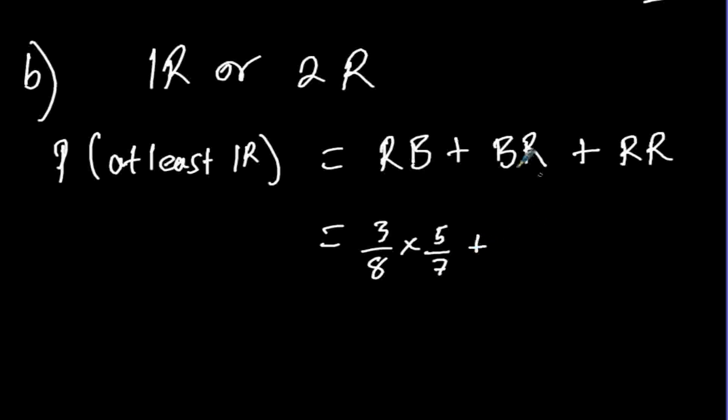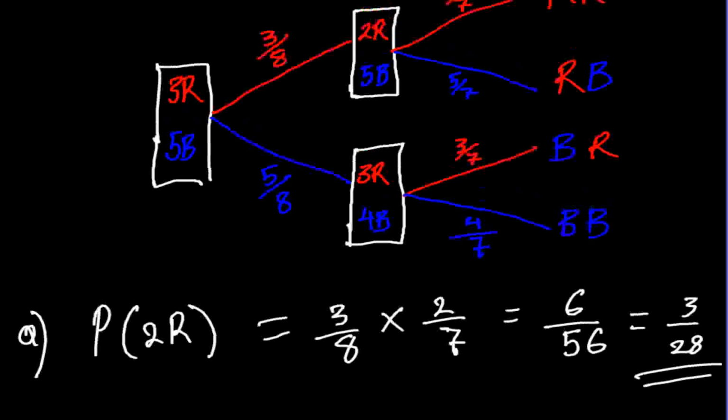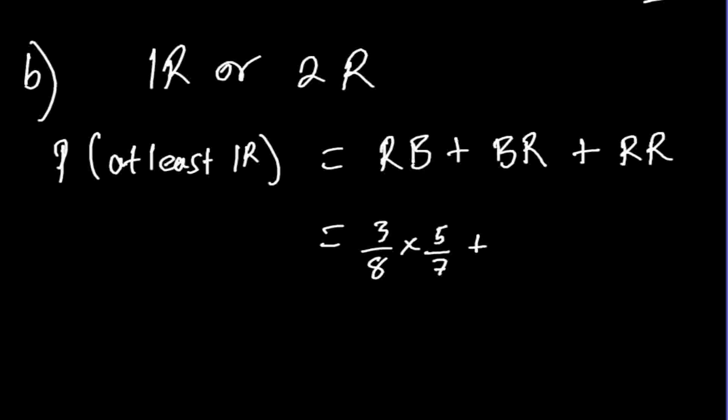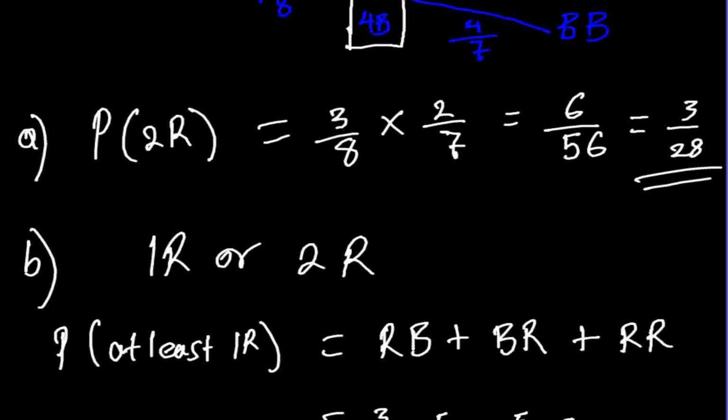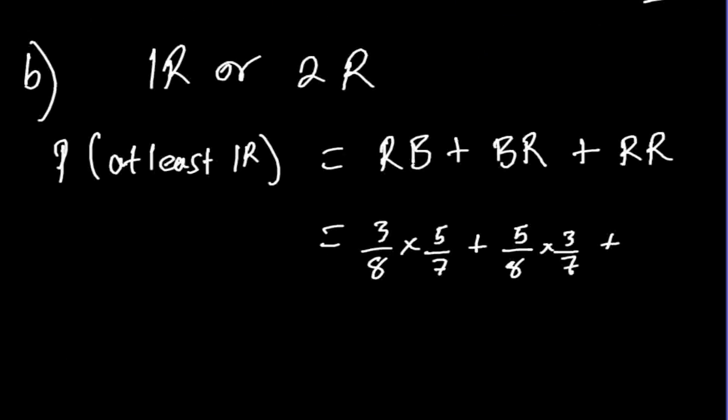And then plus blue red. Blue red is 5 out of 8 times 3 out of 7. And then for the red red, as we said, we got it in the first part. We shall just write this final answer, which is 3 out of 28.